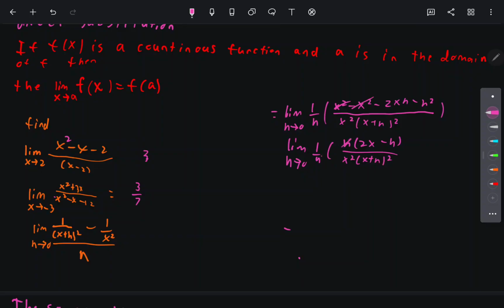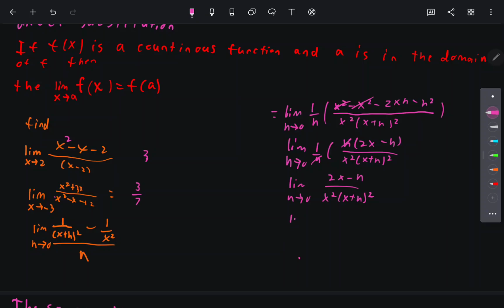And this h and this h will now cancel. So we now have the limit as h approaches 0 of 2x minus h over x squared times by x plus h squared. Let's now break down this limit into its rational components.